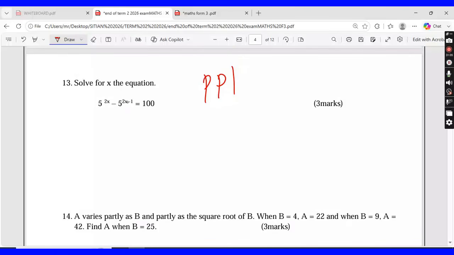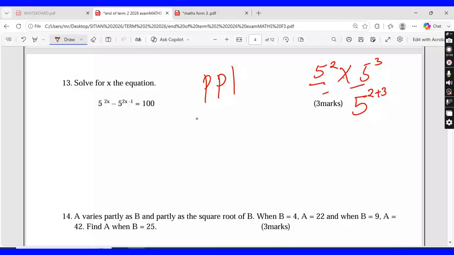There are some few things you need to understand. When I give you 5 squared times 5 cubed and you are dealing with indices, you check that the bases are the same, you write one base. This is multiplication, so you add the powers, that is 2 plus 3.